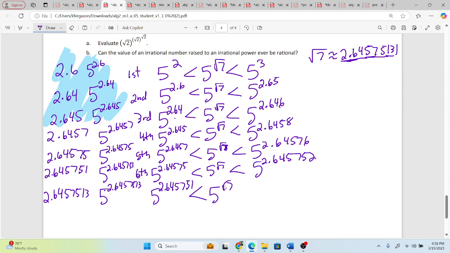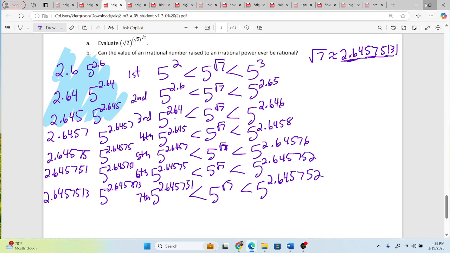And then this one is 5 to the 2.645752. And that is 7 intervals, right? 1, 2, 3, 4, 5, 6, 7. Right? So that's how we do that.